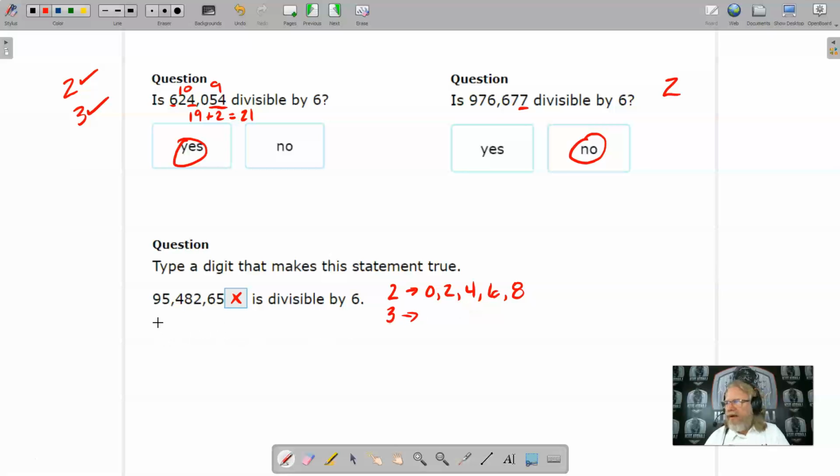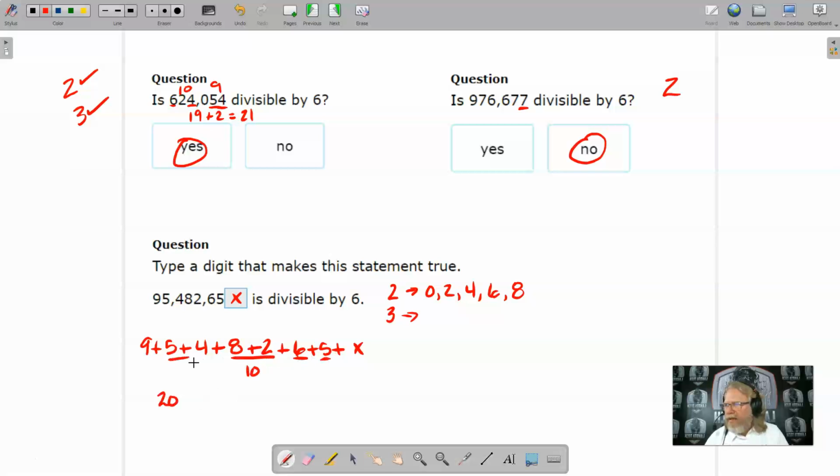So with that said, let's go ahead. Remember, rule of 3, add them up. So I end up with 9 plus 5 plus 4 plus 8 plus 2 plus 6 plus 5 plus some number x. Let's try to make some nice pairs here. 8 and 2 is 10. 5 and 5 is also 10, so I'm up to 20, right?